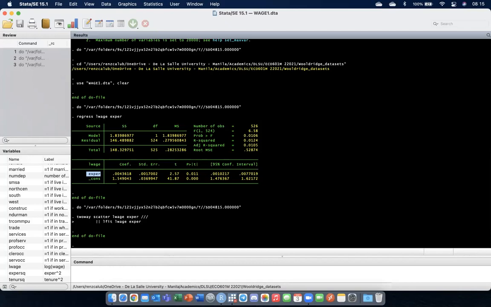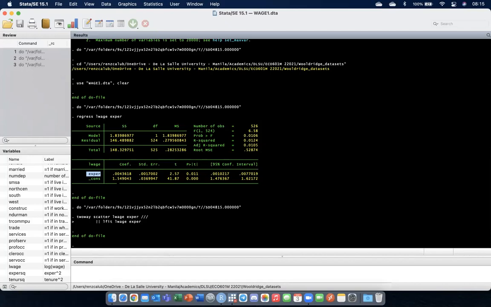How does log of wage, how does an average person's wage change for each additional year of experience? Now, this is already in your slides, but since log of wage is in log terms, we're looking at partial elasticity.